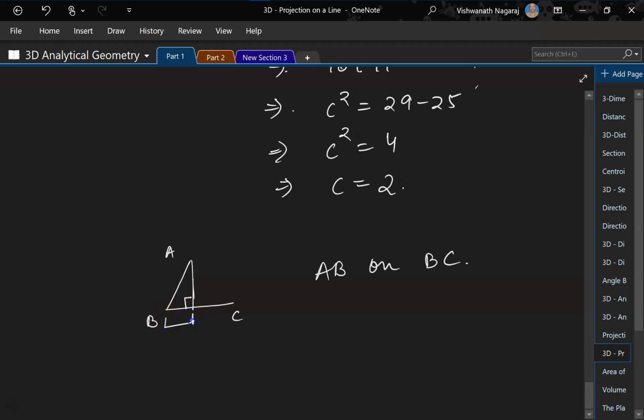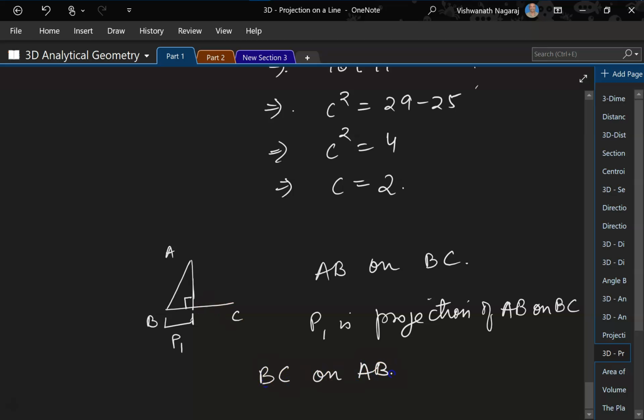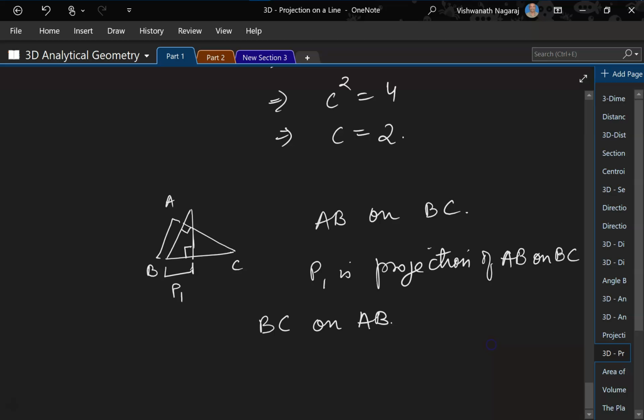So P1 is the projection of AB on BC. Now if we have to do it for BC on AB, again from C, drop a perpendicular. So here, this would be the projection. Let us say this is P2. So P2 is the projection of BC on AB.